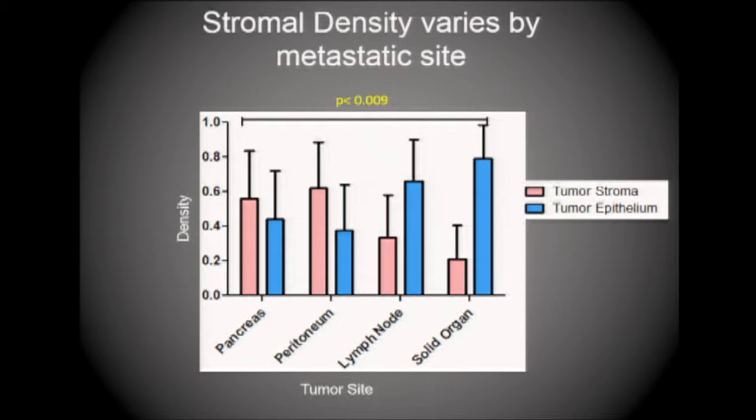Maybe the surgeons are more familiar with that. Lymph nodes are somewhat intermediate, and this is highly statistically significant, albeit across only 12 patients with multiple pairs of tumors to test. But it is a genotypically matched set.